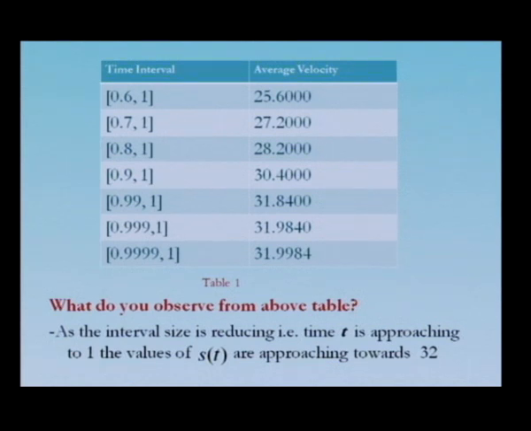So you can observe something from this table. There is a clear trend emerging from this table. The trend is that when the time interval is reducing, the average velocity is reaching towards 32. So as the interval size is reducing, that is, as the time is approaching 1, the values of s(t) are approaching 32.